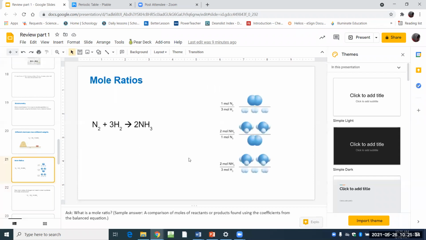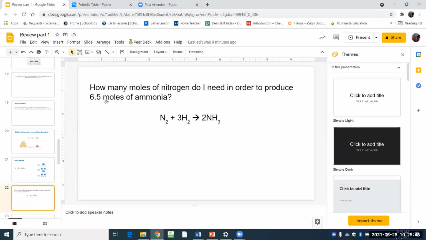How do I know that? Because I'm looking at the ratio here, and it says for every 2 molecules of ammonia, I need 1 of nitrogen. 1 is half of 2. So the answer should be about half of 6.5.